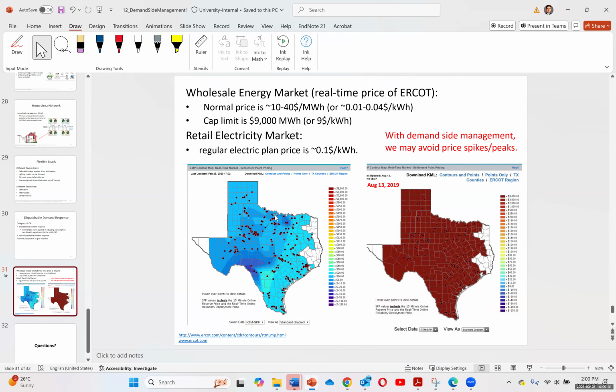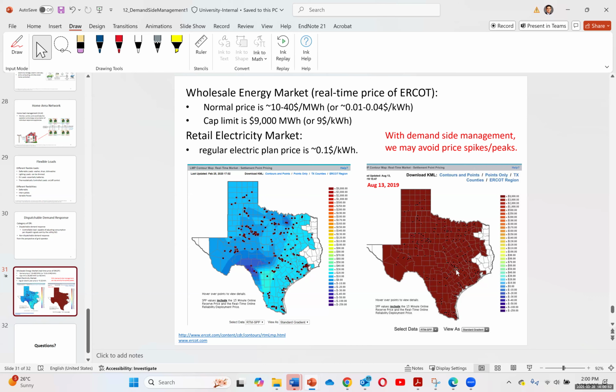With demand side management, we may avoid price spikes or peaks. This is an example from February 2020 and August of 2019. And you can see the difference between them in the price.